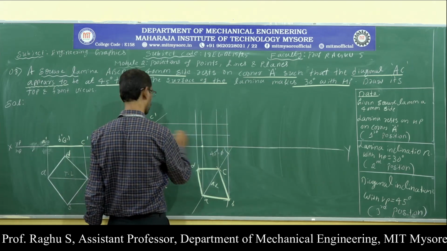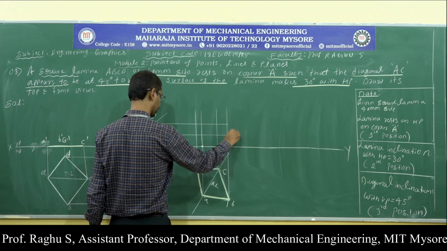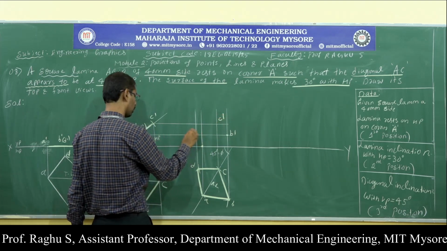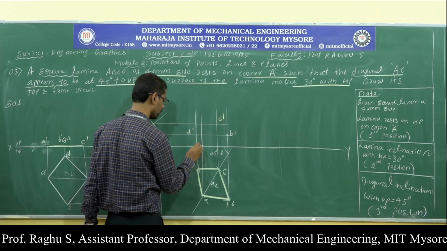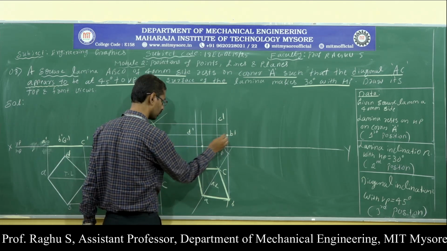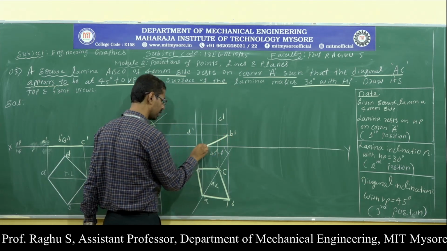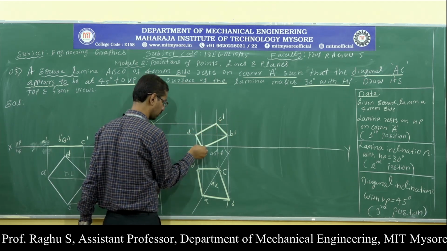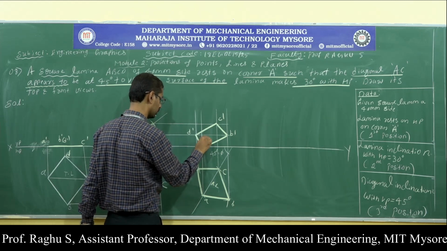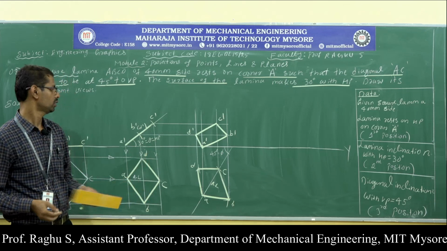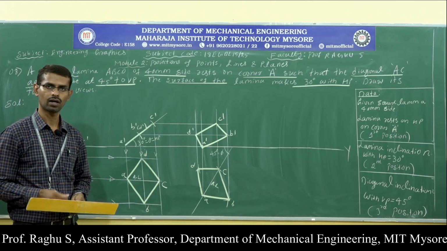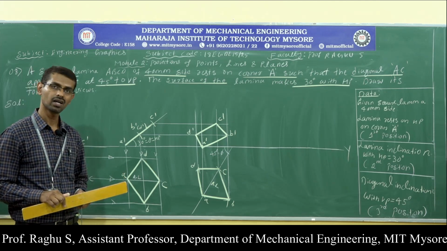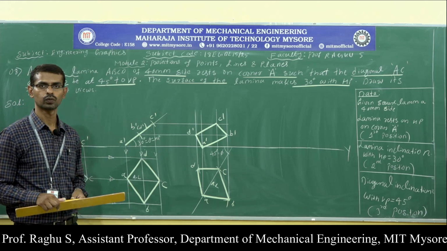Vertical projection of point B, horizontal projection of point B, B dash. Vertical projection of point C, horizontal projection of point C, C dash. Vertical projection of point D, horizontal projection of point D, D dash. Connect all the points A to B. So this is the final view of the square lamina when the lamina makes 30 degrees with respect to HP and when the diagonal appears to be inclined 45 degrees with respect to VP.